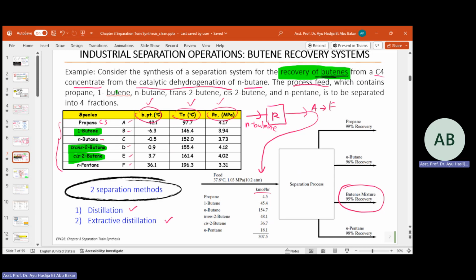Distillation, the number one over there, is the general distillation system. What are other types of distillation column that you know?